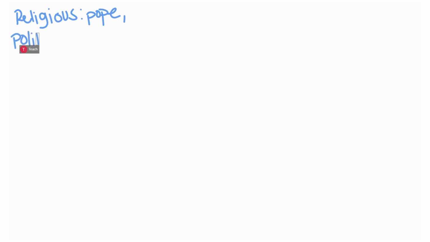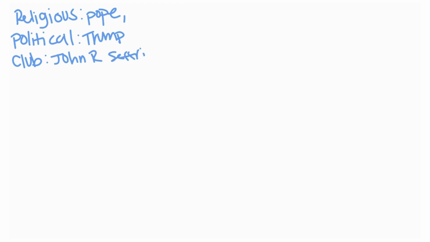And this includes presidents. So this could be Donald Trump, right? And then there are club or organizational leaders. And this is not your clubs at school all the time, but they could be like John R. Safran, who leads the American Cancer Association, okay?